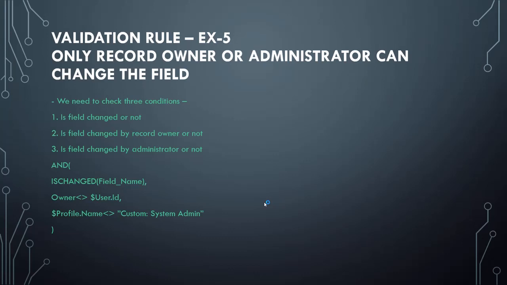If IsChanged is true, we have to prevent it. And Owner not equal to User.Id: if a non-owner is changing that field, we have to prevent it. If that condition is not met, it will come to the third condition. If the profile is not equal to System Administrator, then it will prevent the user from saving the record.